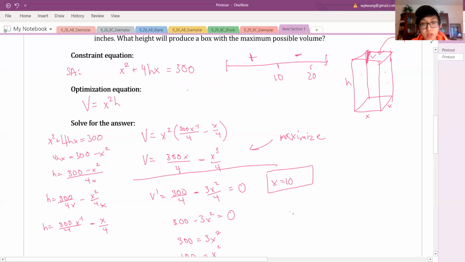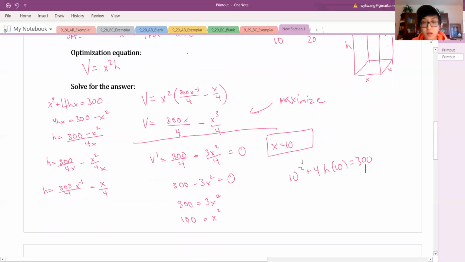So we're going to get 10 squared plus 4 times h times 10 is equal to 300. So that's 100 plus 40h is equal to 300, right? We just multiplied the 4 and the 10 to get 40. Then we're going to subtract 100 from both sides. So 40h is equal to 200.